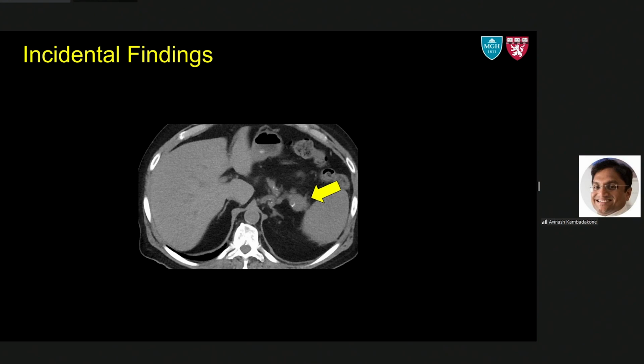For example, in this case, was getting a stone protocol CT, the radiologist identified a mass in the tail of the pancreas, which turned out to be pancreatic ductal adenocarcinoma. Luckily, there was no distant metastasis, so this patient could still undergo distal pancreatectomy, but it just highlights the importance of dose optimization and getting good quality images, not only for the clinical question that is for stone disease, but also for looking at other findings.